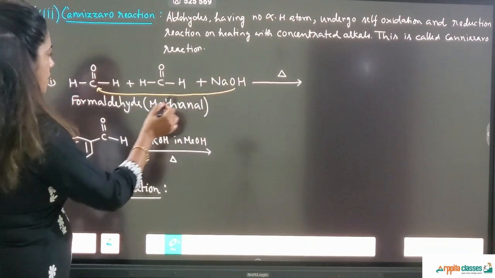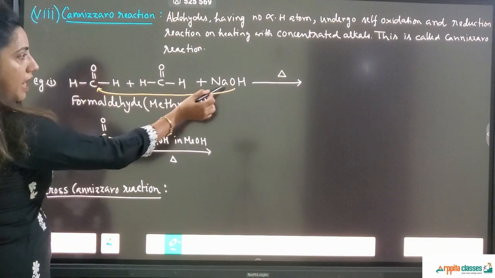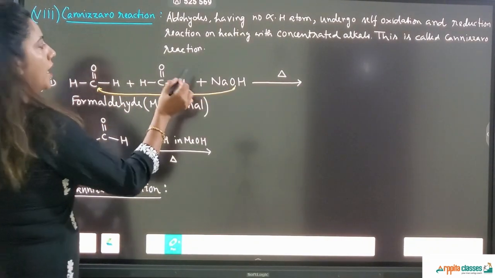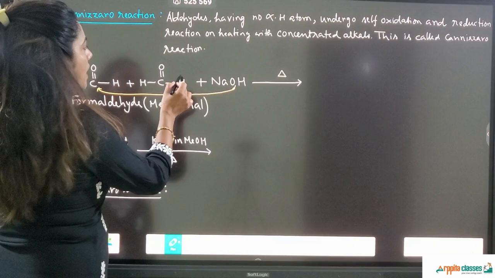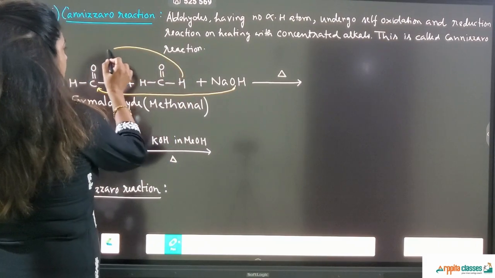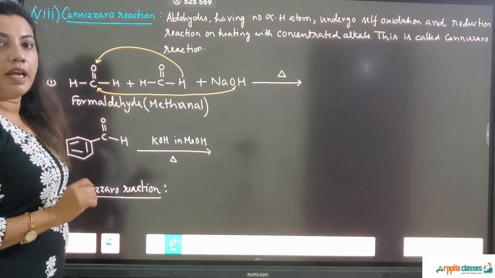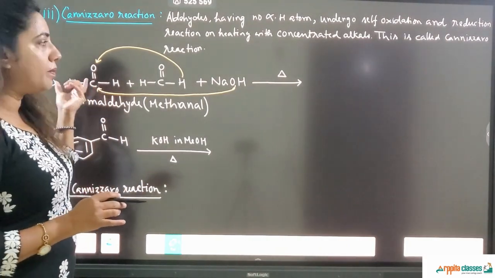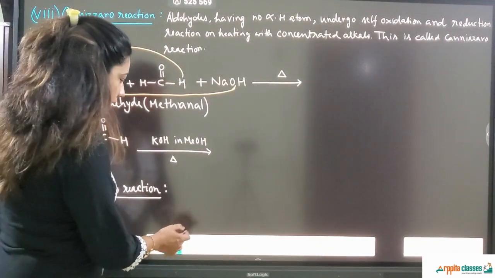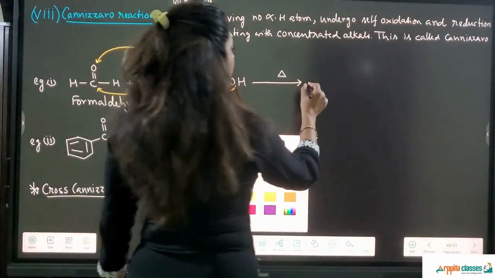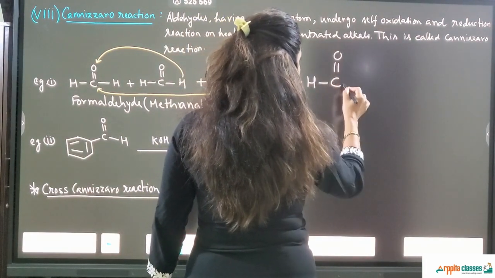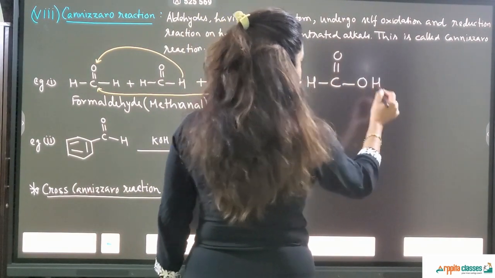So this hydrogen is attached with this carbon, and another hydrogen is attached with this oxygen. In short, you remember like this, but basically one molecule gets oxidized. So one molecule gets oxidized, you get the carboxylic acid of the same aldehyde, HCOOH, this is a carboxylic acid, okay.